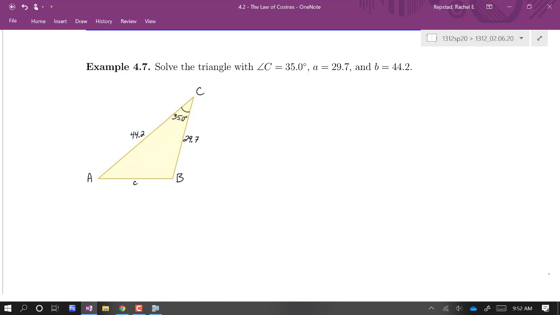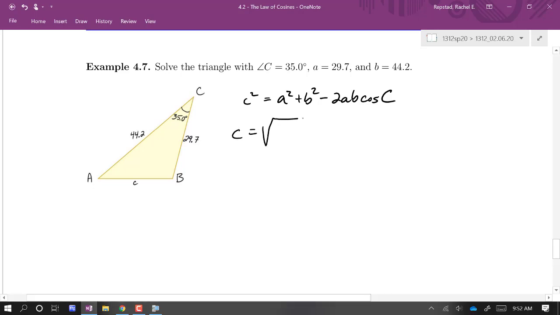Side C. So if we use law of cosines to find side C, that's the equation that goes C squared equals A squared plus B squared minus 2AB cosine of C. We know sides A, B, and angle C, so we have everything we need to plug in to the right side. So let's start plugging stuff in.